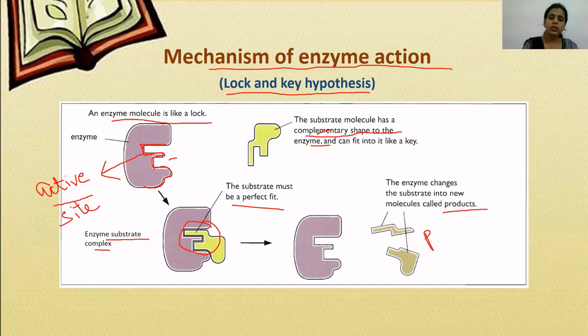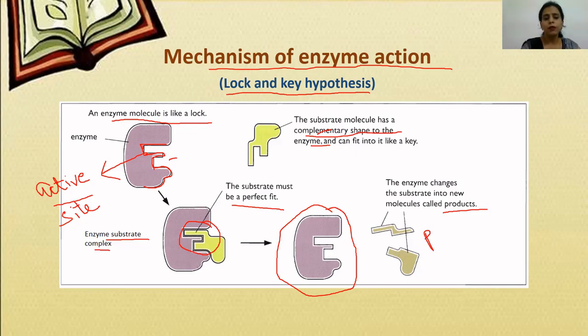But look here carefully: the entire enzyme molecule has not undergone any kind of change during the entire chemical reaction. The enzyme molecule comes out as such, without being used up or undergoing any change. So this is the lock and key hypothesis, where the enzyme molecule acts like a lock and the substrate molecule acts like a key.